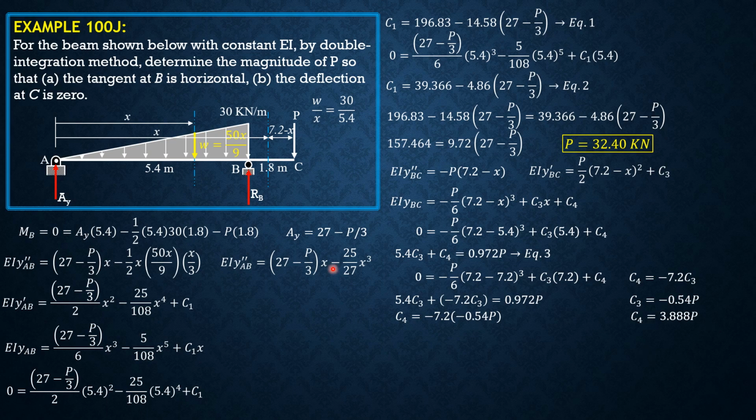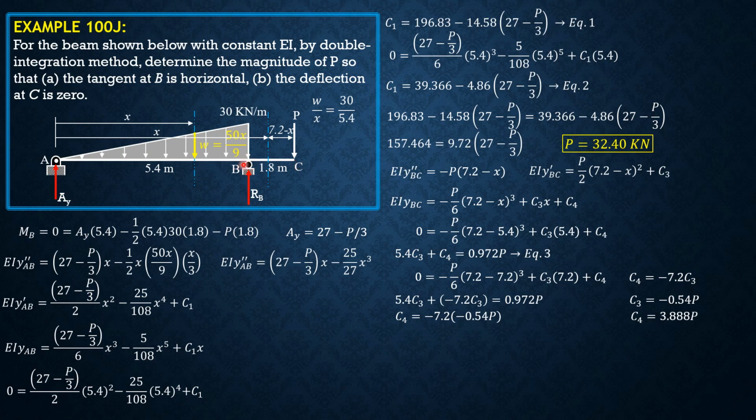Then the slope at B is common for AB and for BC. So that's the third equation that we should establish. We use this, x is 5.4, and equate it with this equation when x is 5.4. c sub 3 is already known. But the value of c sub 1 that will be used is the value of c sub 1 when the deflection at B is 0, not when the slope at B is horizontal, because that was in part A. This is already part B. In part B, it is the deflection at C that is 0.